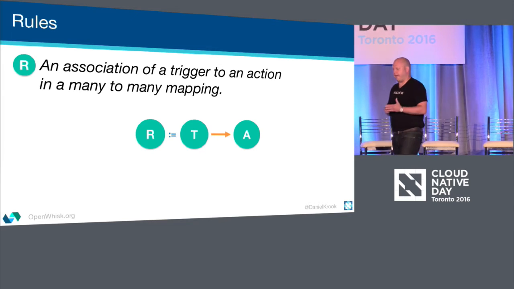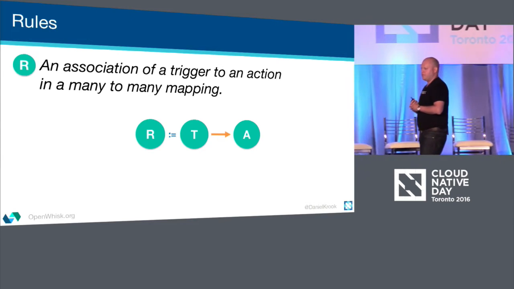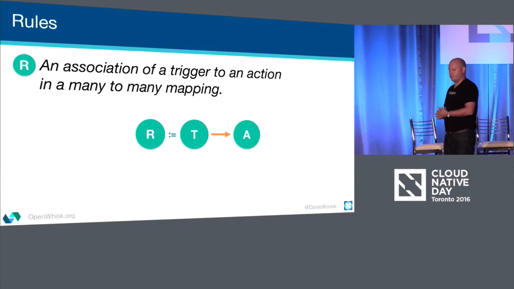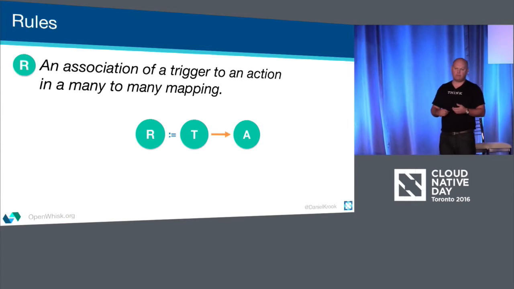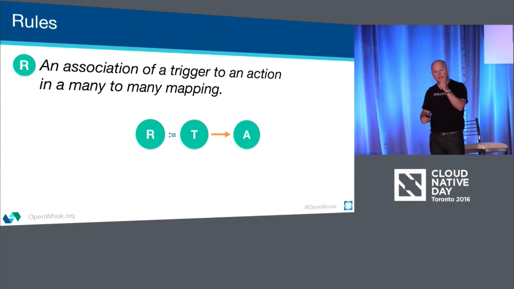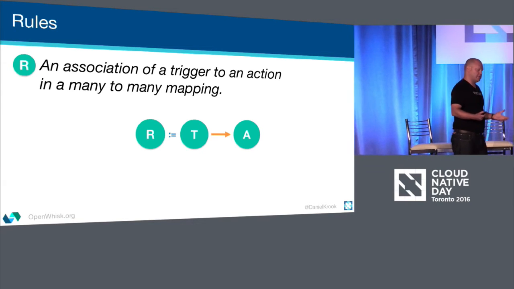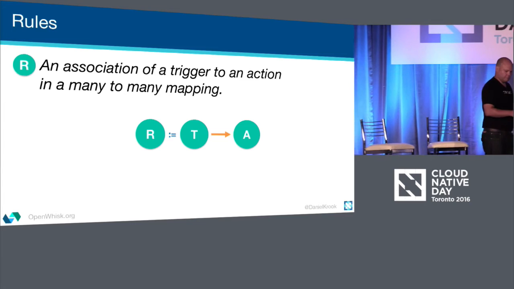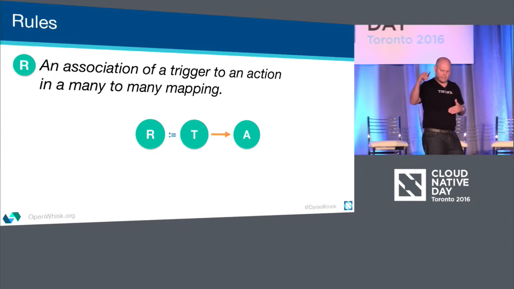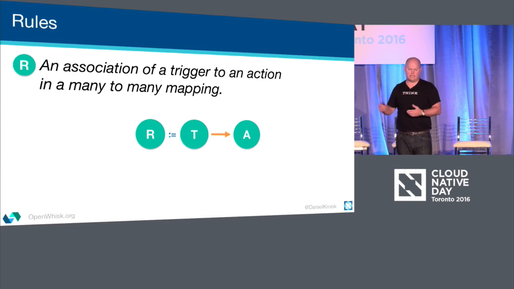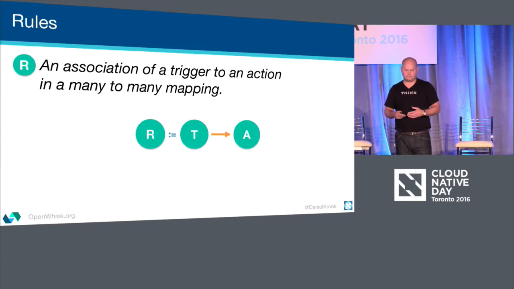So you can map many triggers to one action from different data sources. For example, you might want to have one action reply to something that happened in GitHub and Slack. Or you might have an action like a notification service that can be called from different triggers, and they in turn can call different actions as well.